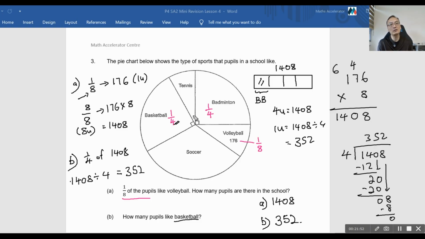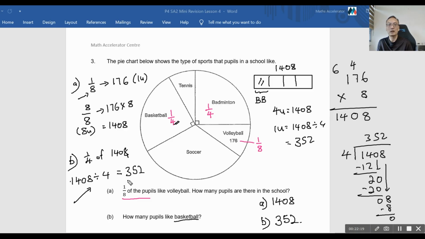Next, whenever we have to find 1/4 of a total, or 1/2 or 1/3, the quickest way is to do a division. For example, we're looking for 1/4 of this total of 1408. We will take this total divided by 4. We have two other examples in the previous question that are exactly the same.